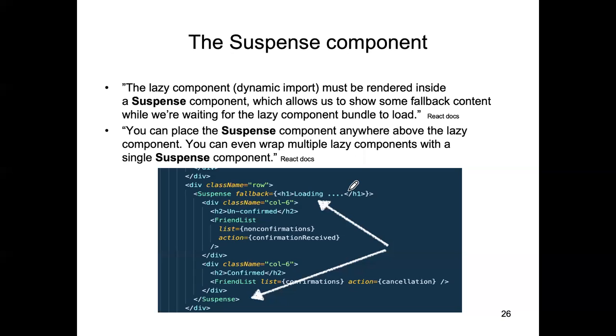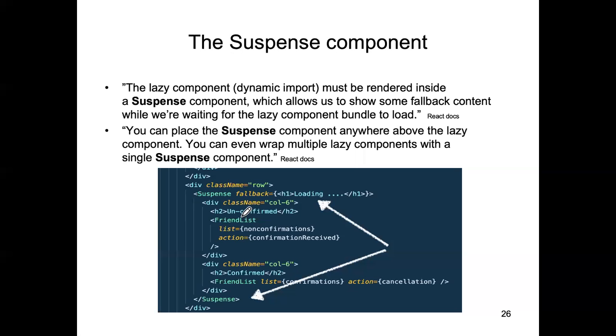And so at least something is going to be displayed on the screen to the user while we're waiting for the bundle to arrive back. Once the bundle arrives back in the browser, the app goes through a re-rendering, if you like, and now it has the actual component and renders what I really want it to render.